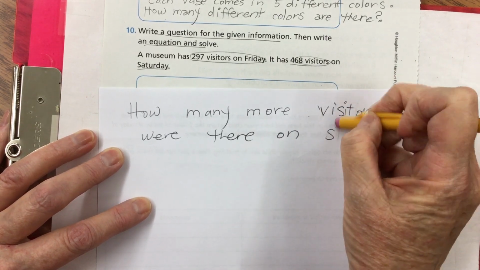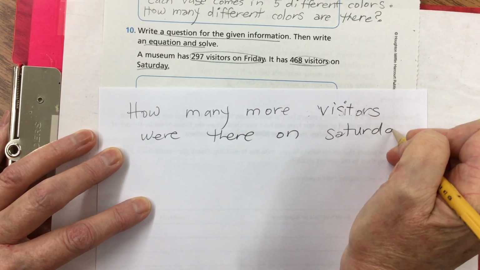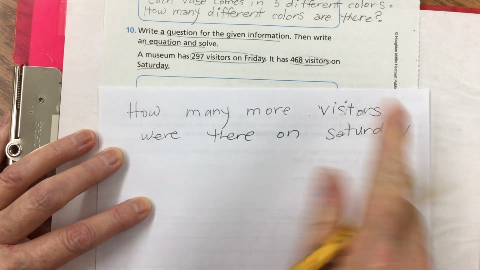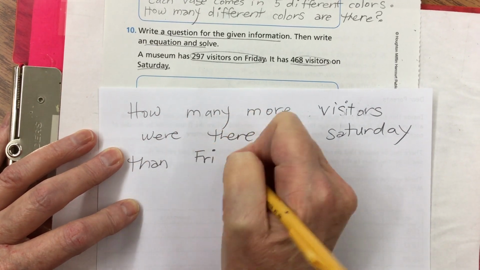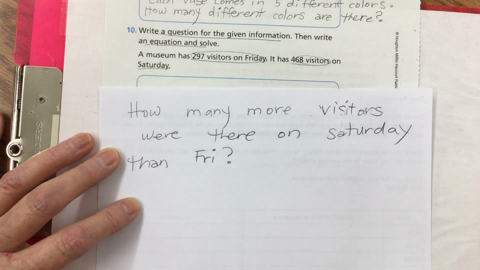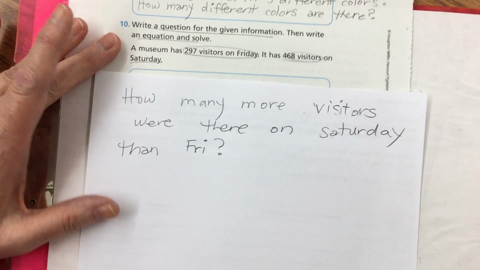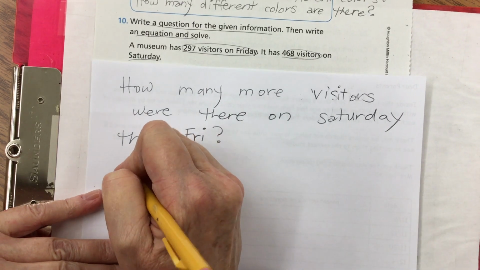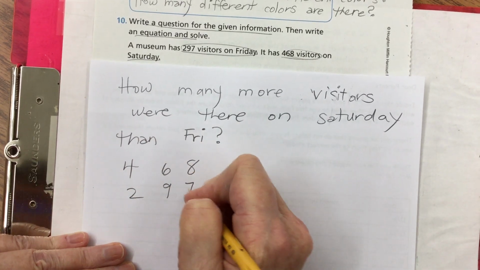Saturday is always a busier day because people aren't working and they're with their families. How many more visitors were there on Saturday than Friday? And I'm abbreviating. I'm trying to hurry because I know you're sitting here waiting for the punchline. So it's 468, subtracting out the 297.